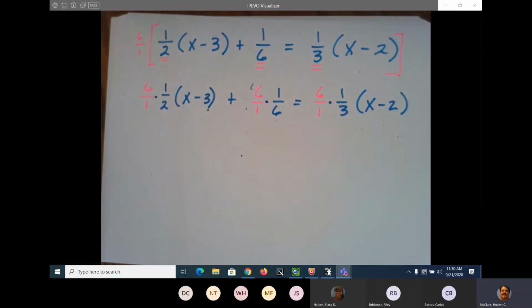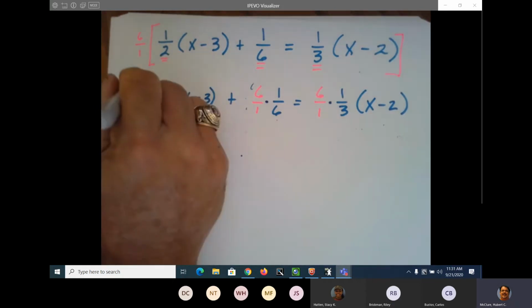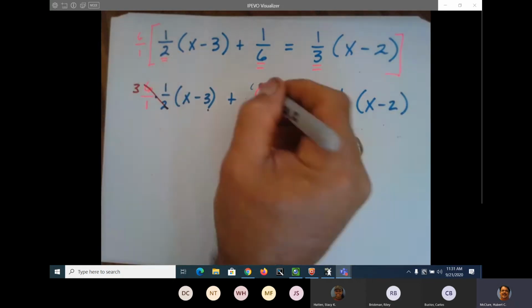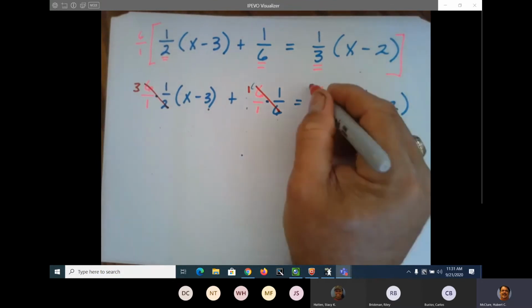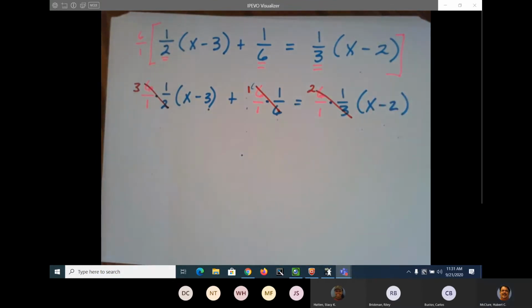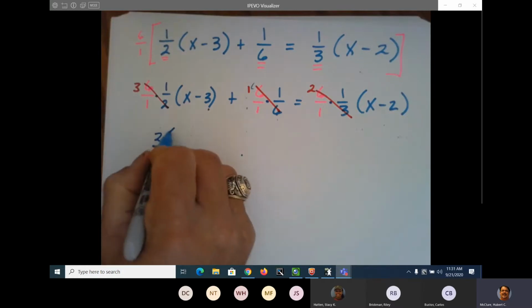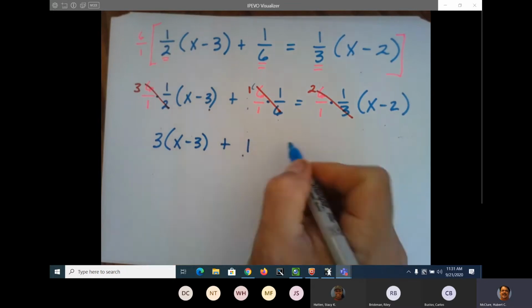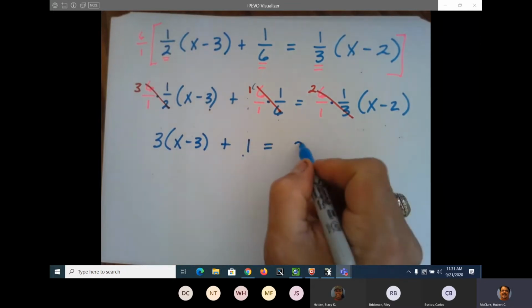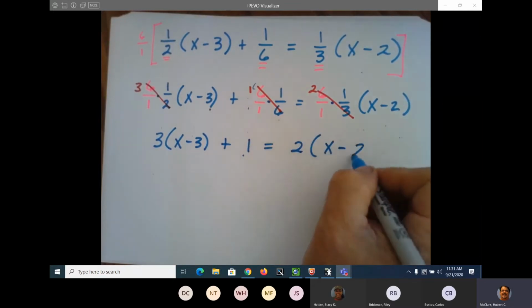And what's that going to do? Well, 6 divided by 2 is what? 3. 6 divided by 6 is 1. 6 divided by 3 is 2. So we're going to get 3 times x minus 3 plus 1 is equal to 2 times x minus 2.